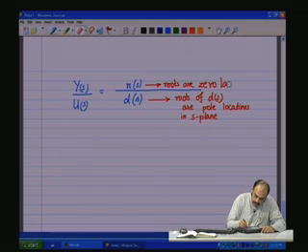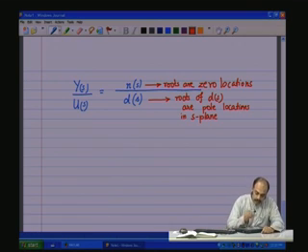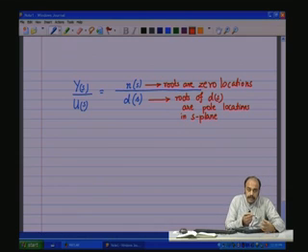They are the zero locations in the S plane. So, that is basically the important concept in the case of the transfer function.